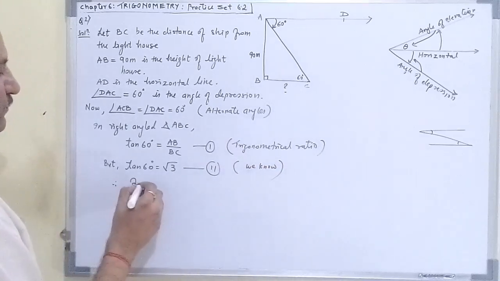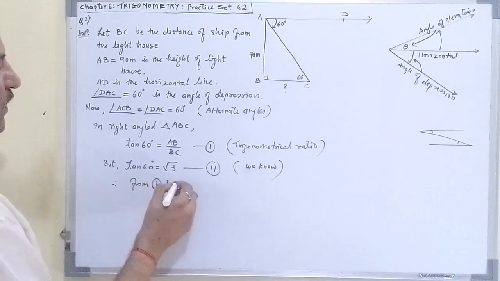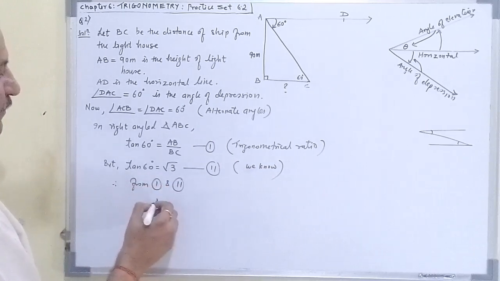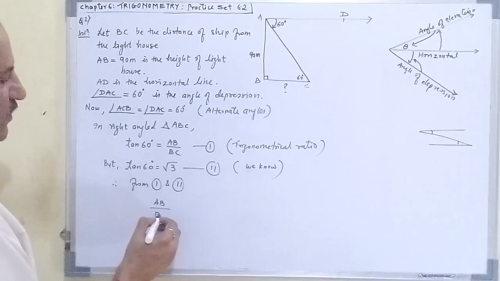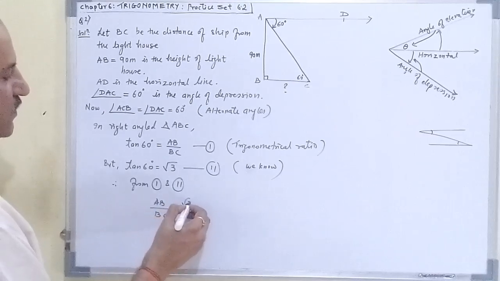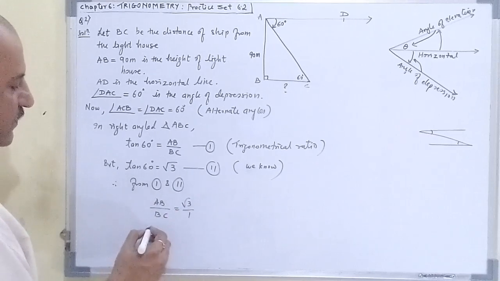Therefore, from 1 and 2, since left hand sides are equal, right hand sides are equal, AB upon BC is √3 upon 1.